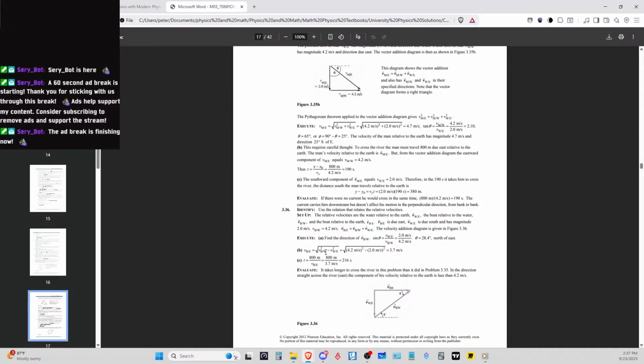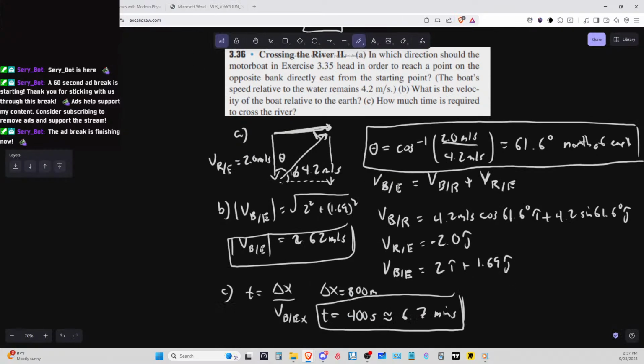Now, oh yeah, because this one you have to minus it because it's going against the river. I forgot. So I wrote the wrong equation here. It should be minus right here. So this one's wrong.